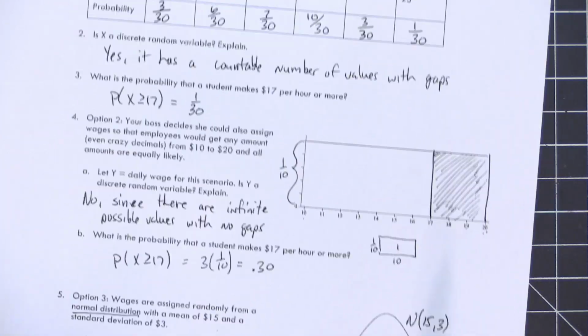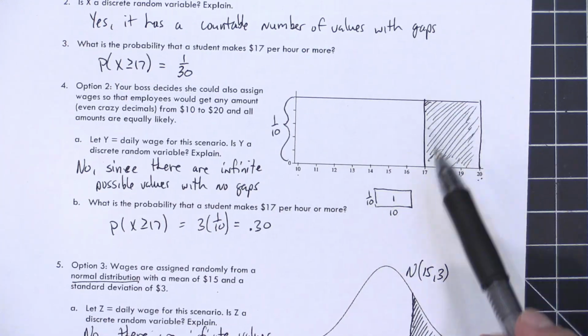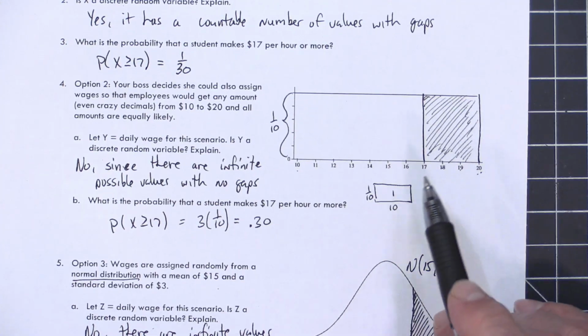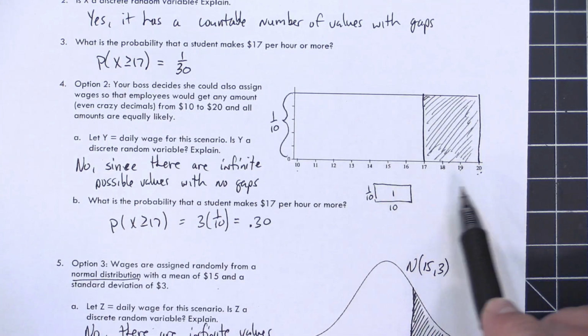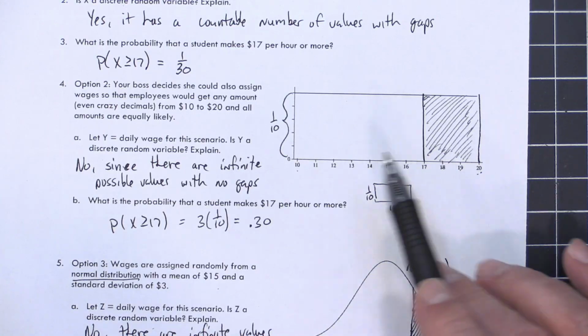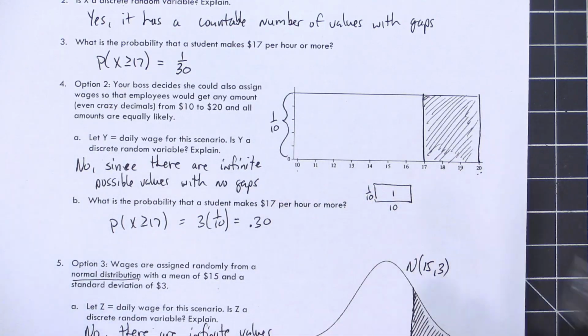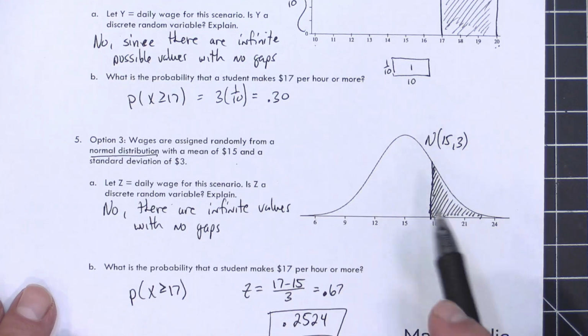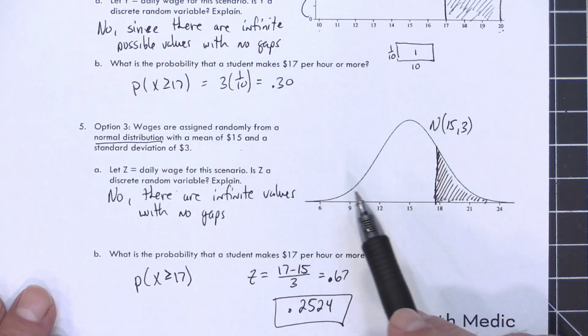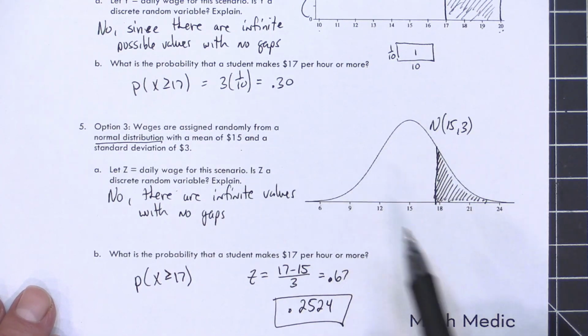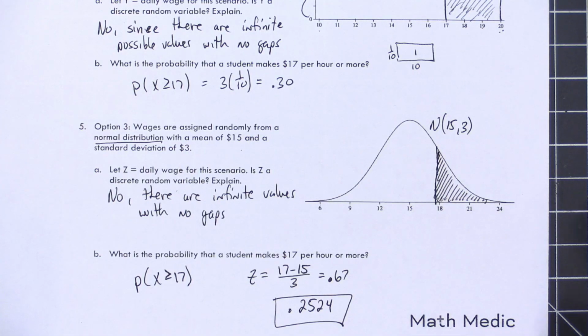Down here, this one was a little different because now we did a probability curve where the height and the width were specifically shown to us. But down here on the normal curve, well, now the normal curve, remember, there's infinitely many values in here, okay? So it really does kind of matter if you know if you're talking about a discrete variable or a continuous variable.